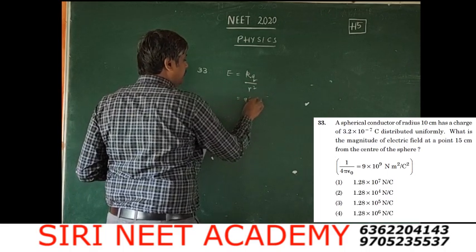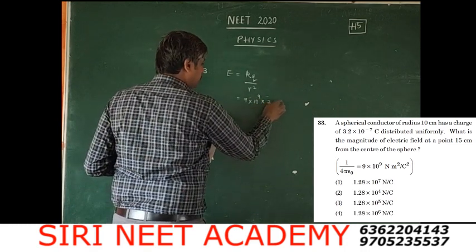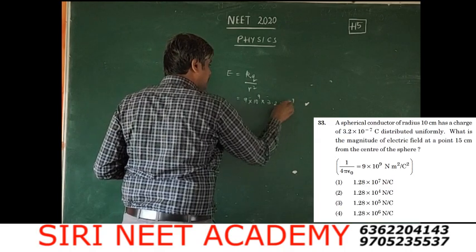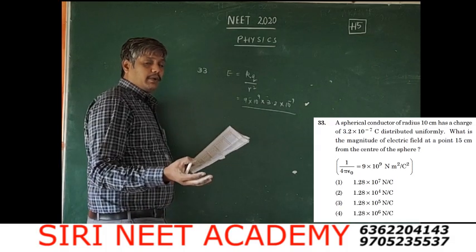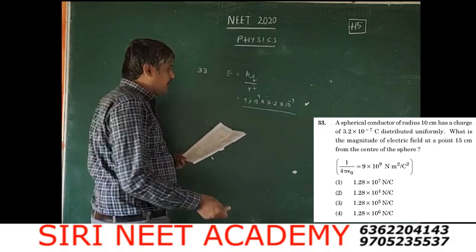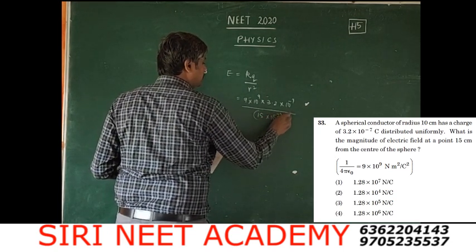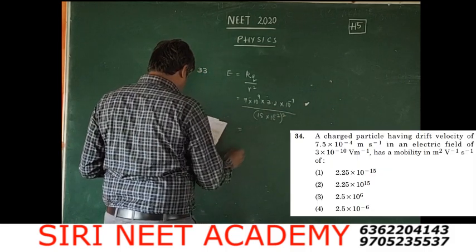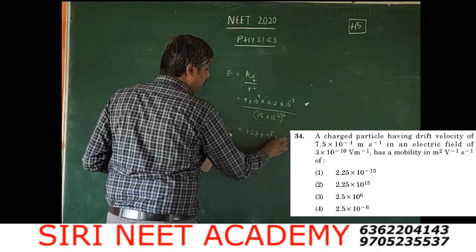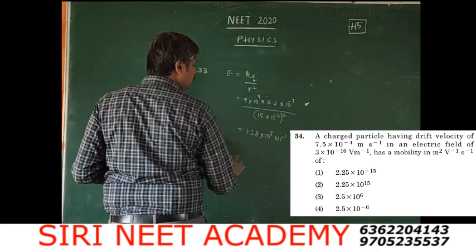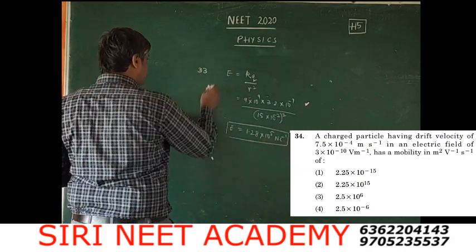K is 9 × 10^9, the charge is given to be 3.2 × 10^-7, and r is the distance between the center and the point where the electric field is desired, 15 centimeter, that is 15 × 10^-2 meter, whole squared. Solving this, you are going to get 1.28 × 10^5 Newton per coulomb. So the option corresponding to this will be third.